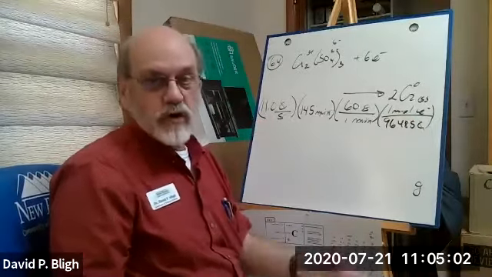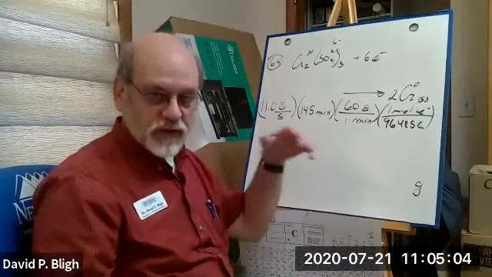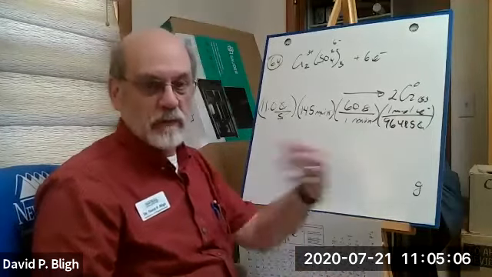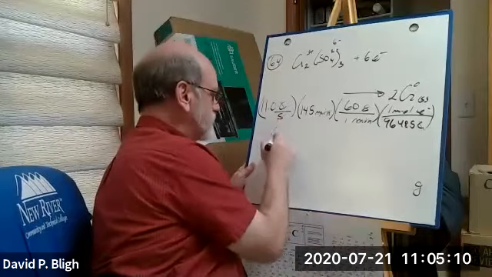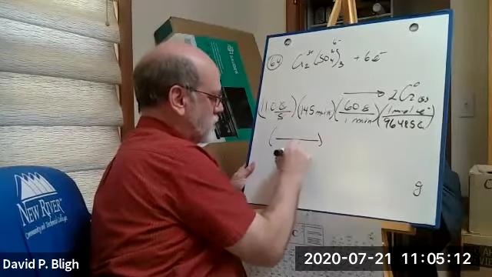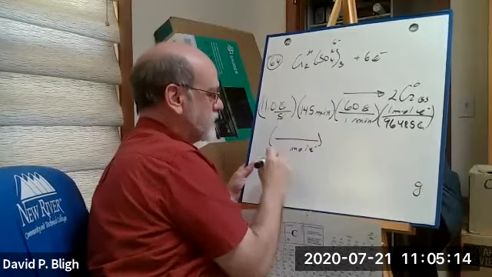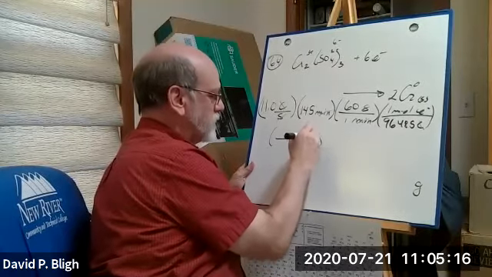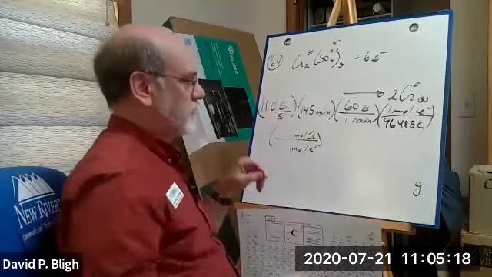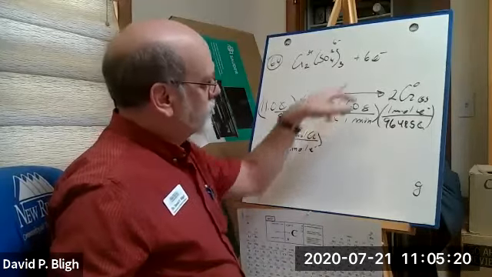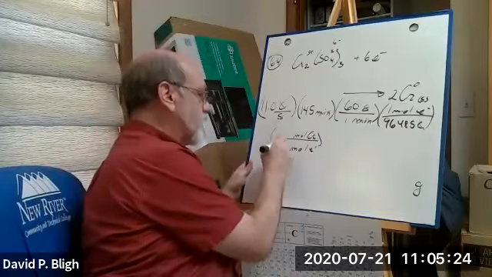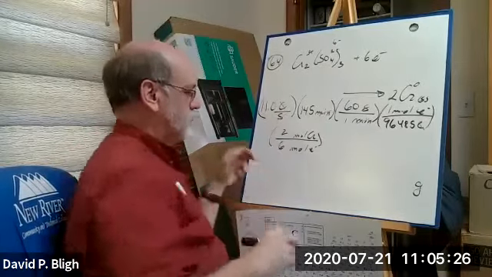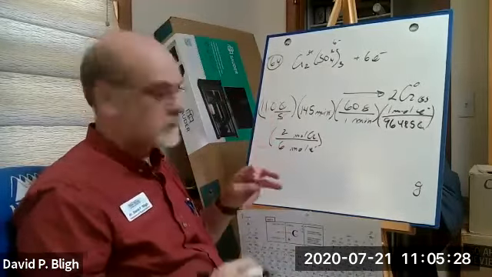We have a conversion factor that will take us from moles of electrons to moles of chromium metal. So for every 6 moles of electrons, you get 2 moles of chromium. We can do it that way, or 3 to 1, same thing.